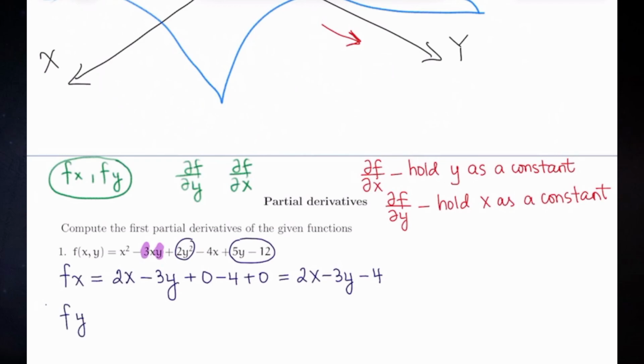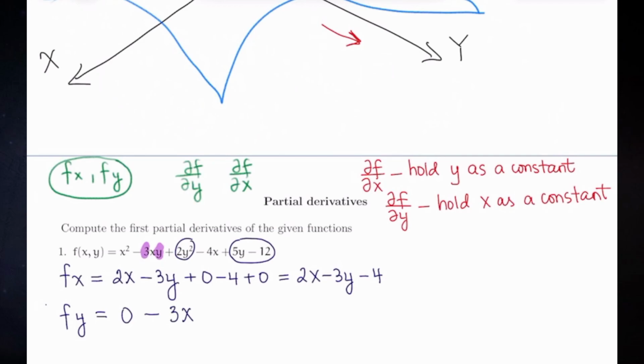Let's do the similar computation for f sub y. Now x is going to be held as a constant. So x squared with respect to y, that's 0. Minus, let's see what's going on with the second term. So 3xy, x is a constant, so this becomes 3x. Plus 2y squared.